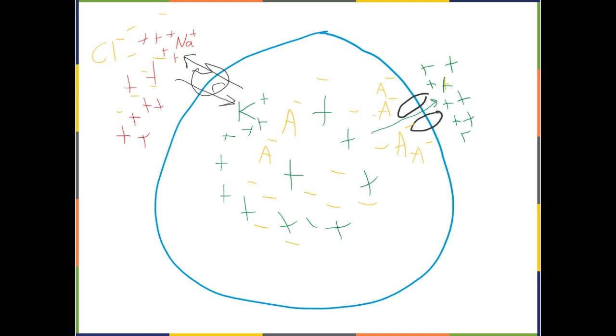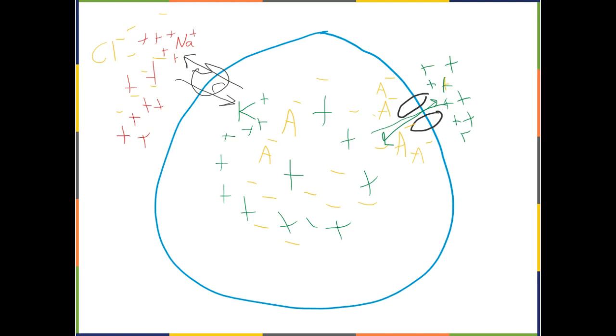And at some point, the strength of the concentration gradient that is forcing potassium out is going to equal the electrical gradient, or the electrical force of attraction that potassium feels for all the anions that it left behind. And then for every potassium that goes out, another potassium is going to come back in.